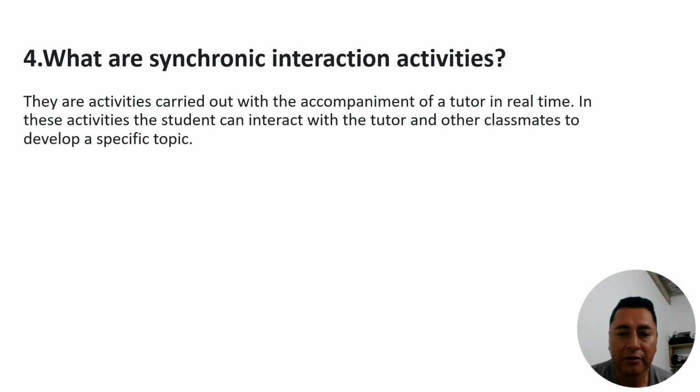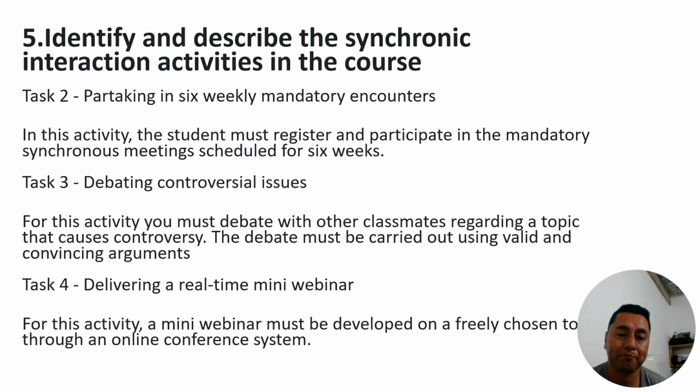What are synchronous interaction activities? They are activities carried out with the accompaniment of a tutor in real time. In these activities, the student can interact with the tutor and other classmates to develop a specific topic.